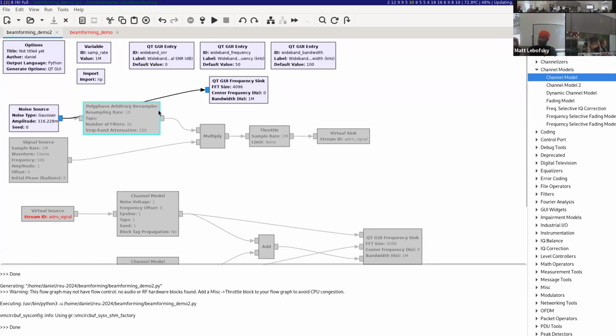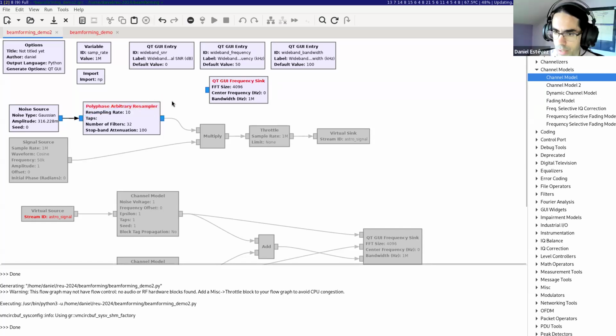Or I can use this polyphase resampler, which basically does the same, but instead of a filter which doesn't change the sample rate, if I'm doing this resampling, I save some computing power by only generating as many independent random variables as I need.